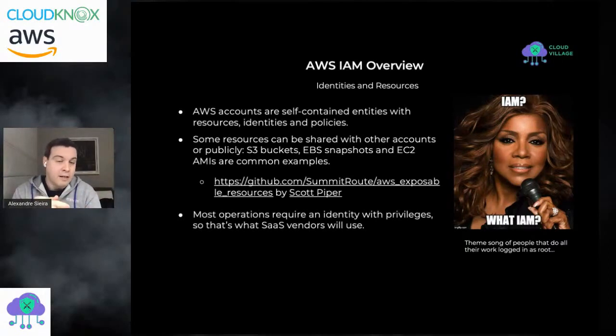Most infamously, S3 buckets, which people, since they can share it with the world, they tend to do when they shouldn't. But other things like EBS snapshots, AMIs, and if you say AMIs, I hate you, but AMIs are other kinds of resources that you can share either publicly with the whole world or with specific AWS accounts.